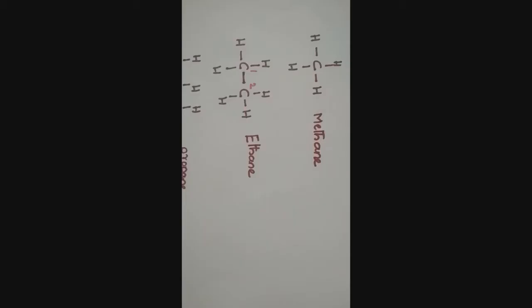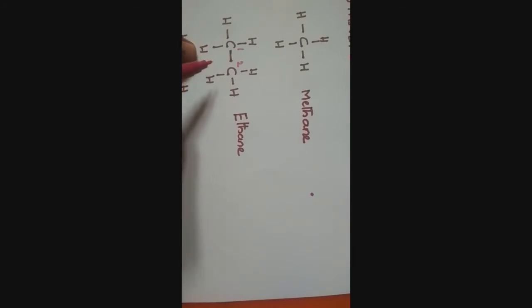Writing all these formulas consumes more time. Hence I would like to teach another way to write structural formulas, called the condensed formula. See students, for carbon, you just put one dot. Around this there are 4 hydrogens. This dot indicates 1 carbon.